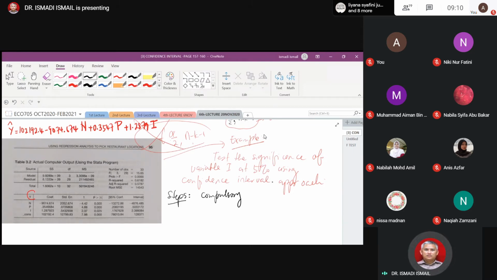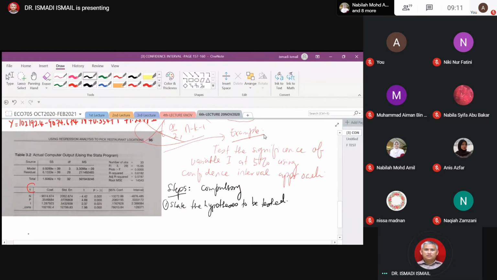That is why the first step here is to state the hypothesis to be tested. Not just one word, hypothesis. And the worst part is when you don't write anything, just H0 and H1. This is the worst part.